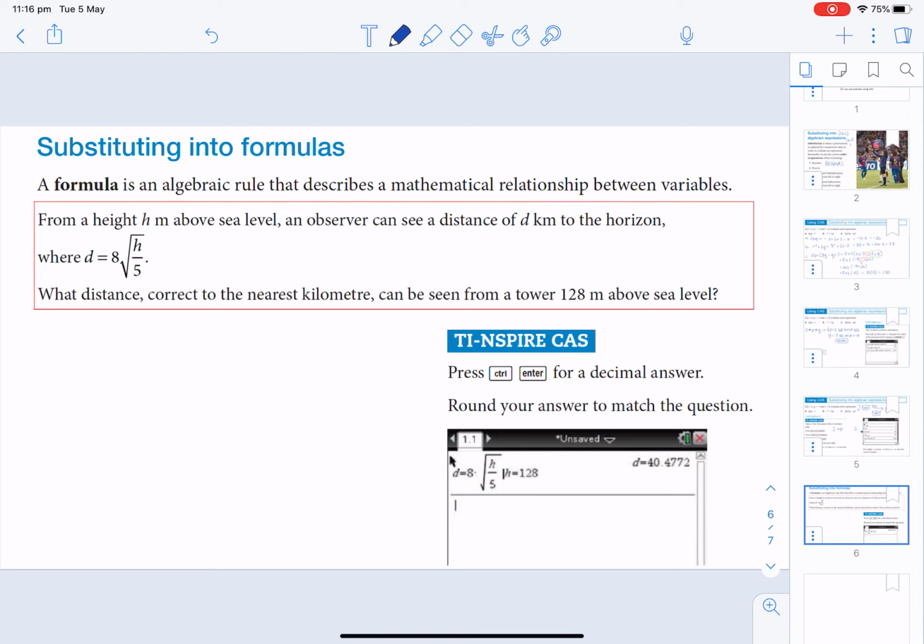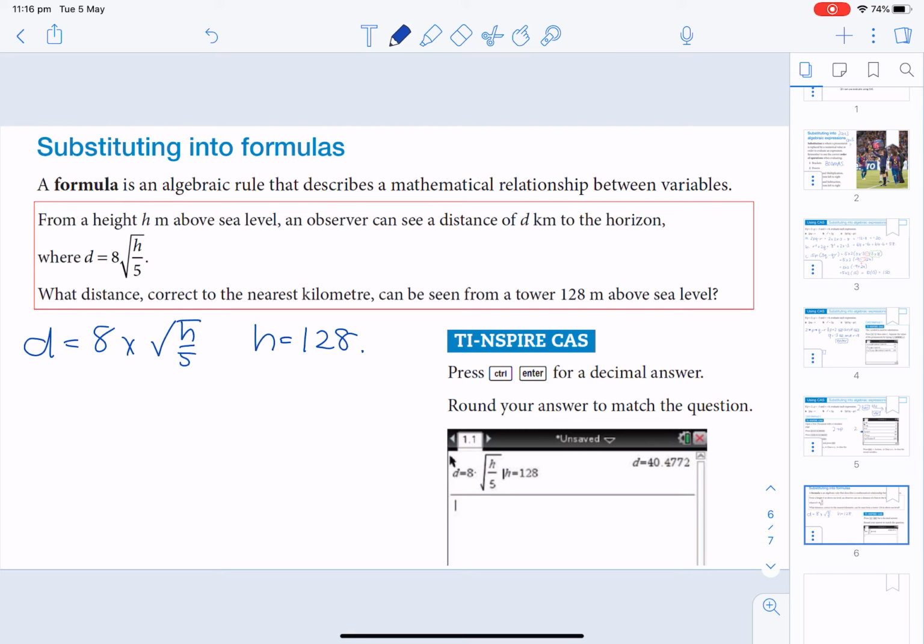Alright, so I've got my formula d equals 8 square root of h over 5. Yes, it's going to be easier on the CAS, but you can still do this by hand. So d equals 8 times the square root of h on 5, where h is equal to 128 metres.